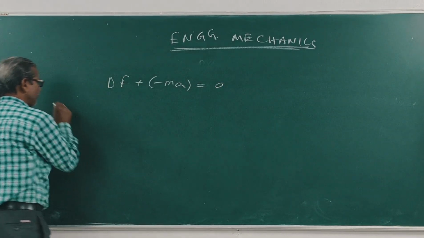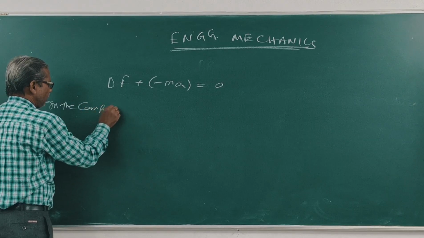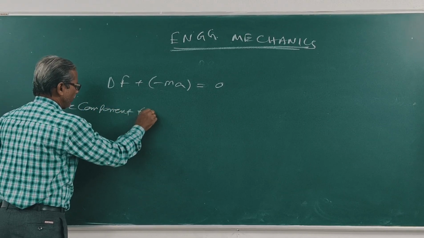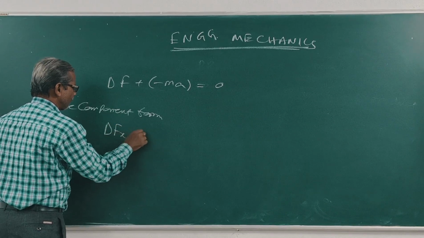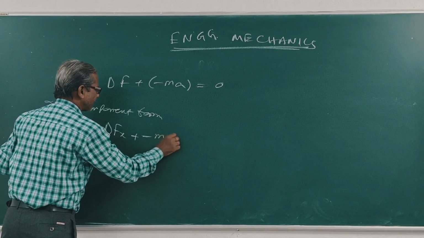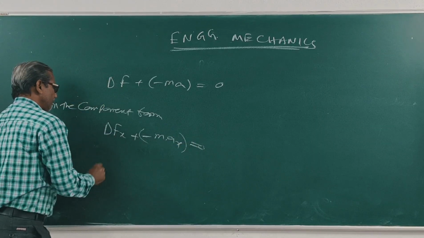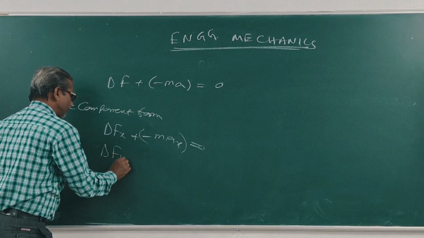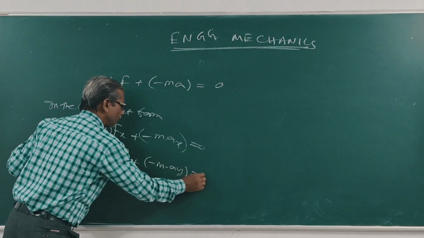In the component form, ΣFx plus (minus m ax) is 0. Similarly, ΣFy plus (minus m ay) is 0.